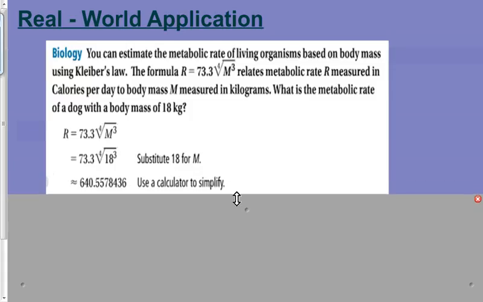Okay? I'm just going to say use a calculator. It's a formula, but if you look at it, it's very similar to what we've been doing. You could change that to 73.3 times m to the 3/4 power. That'd be the same thing. And this is actually used in a formula that'll work.